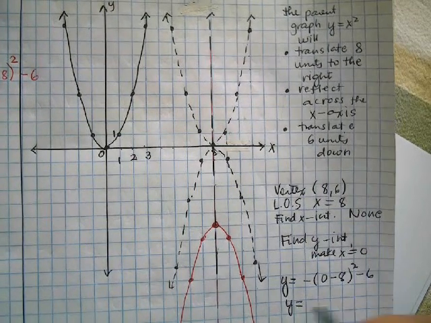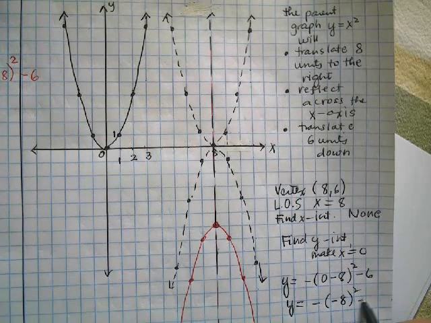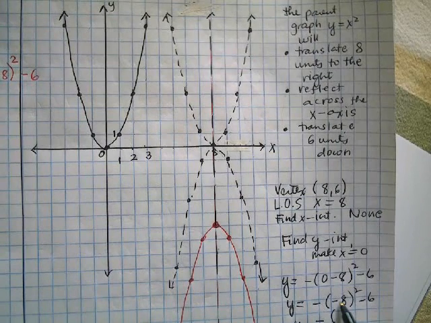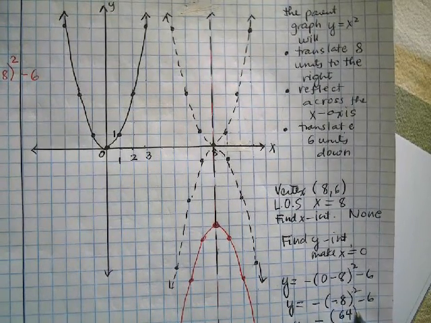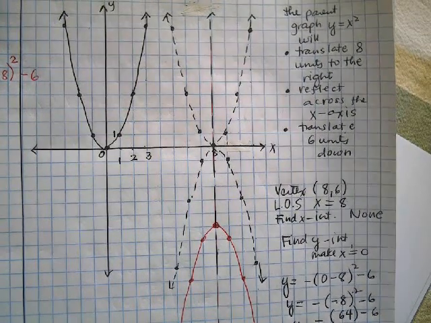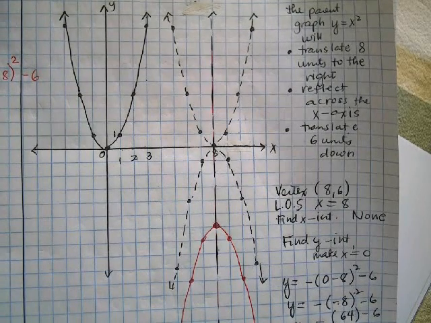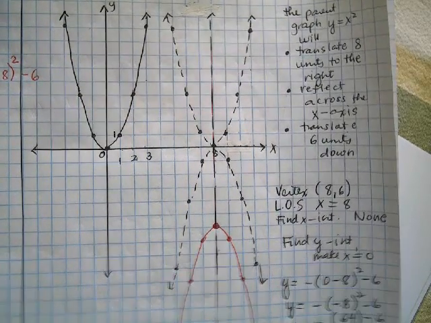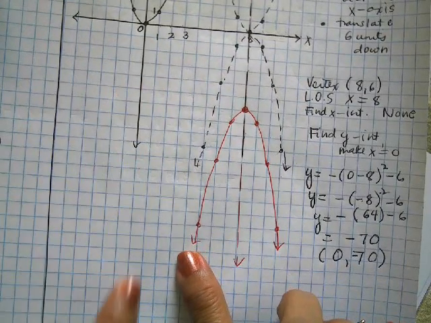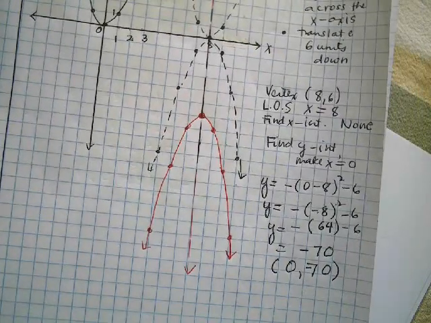So that will be negative 8 squared minus 6. Let's calculate. Negative 8 squared is 64, minus 6. So that will be negative 70. So at the point (0, -70), these two graphs will meet. Negative 70 is all the way down there, and that is our y-intercept.